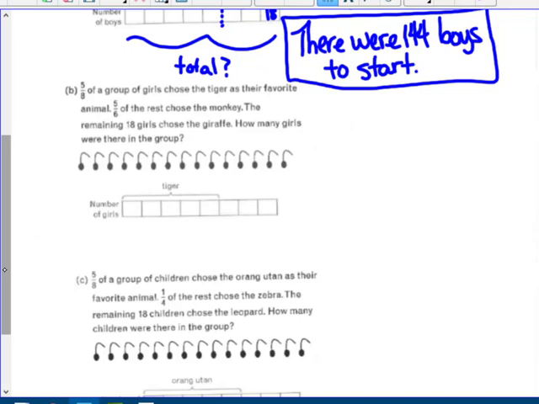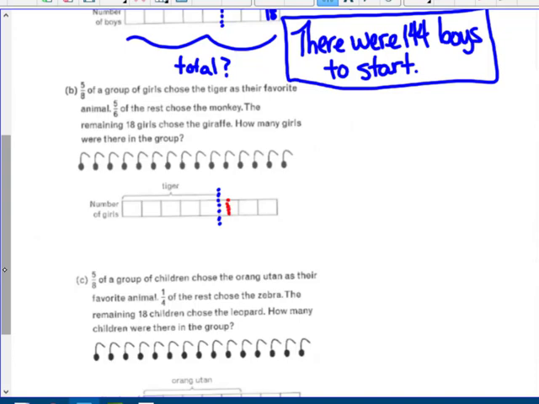5/8 of a group of girls chose the tiger as their favorite animal. So now 5 of the 8 parts are labeled tiger. 5/6, I have 3 parts left. Oh, if I cut those into 2, so I'm going to use a different color here.